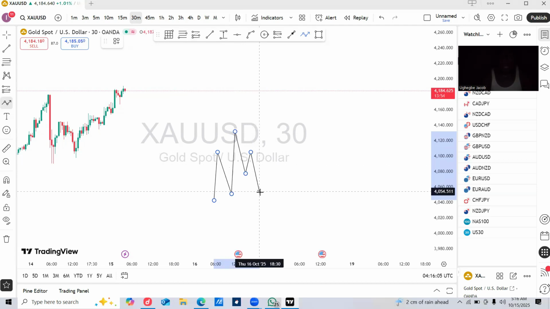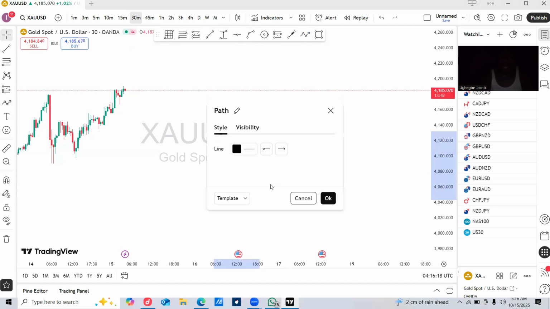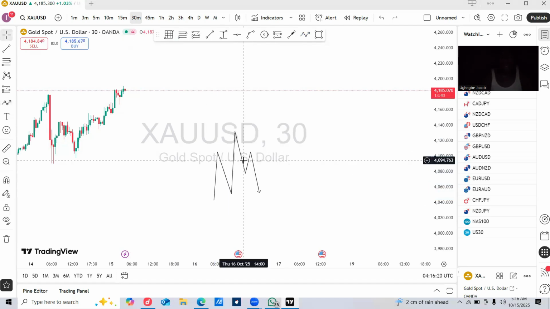Then you can take this area as your order block and ride it up. But remember, immediately the market approaches this order block, let's say the market has broken this structure here.